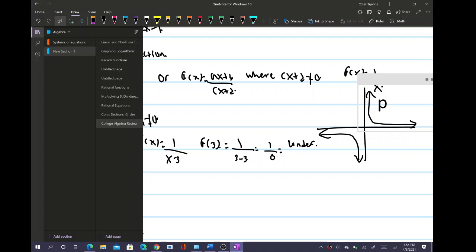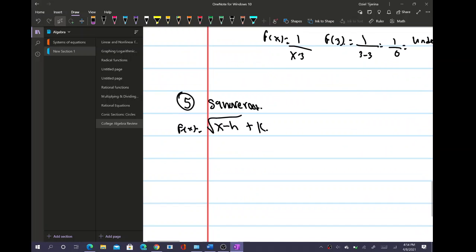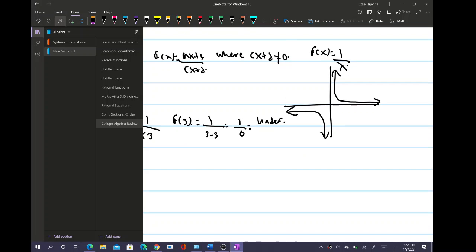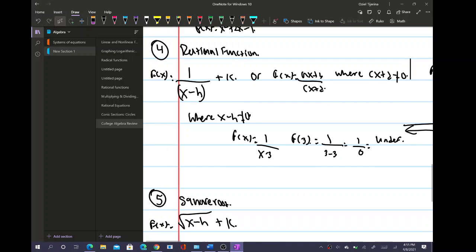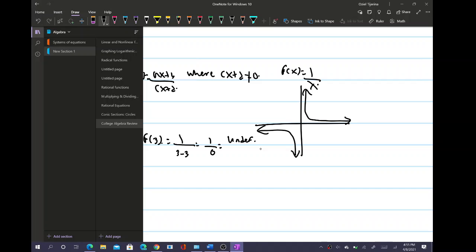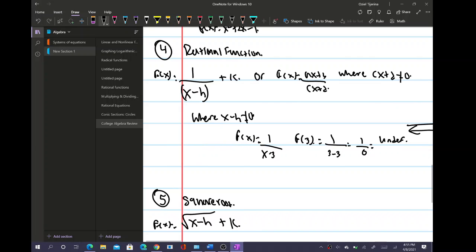Okay, so this is f of x equals 1 over x, a rational function. Notice how when I do 1 over x, I don't have anything for 0. In other words, I don't have a y-intercept. That's because f of 0 equals 1 over 0, which is undefined, okay? So that's how that works.